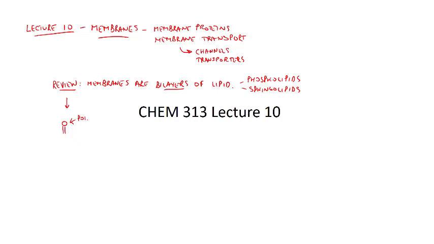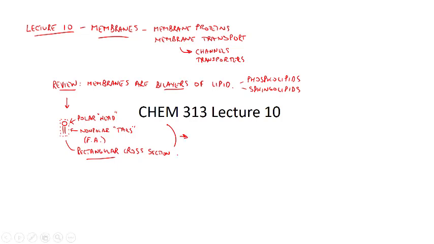The molecules have a polar head, that's the phosphate plus the head group if you have a phospholipid, and nonpolar tails, which are the fatty acids. So we have an amphipathic molecule. If you were to draw a box around them, you would see that they have an approximately rectangular cross-section. Those are the properties that you need in order to form a lipid bilayer.